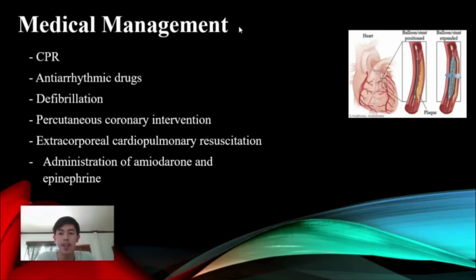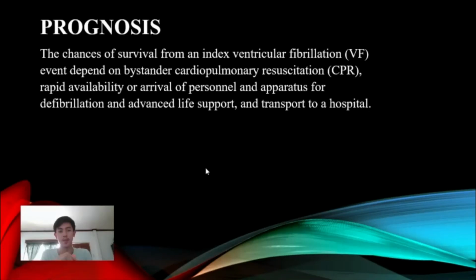Percutaneous coronary intervention is a non-surgical procedure used to treat narrowing of the coronary arteries of the heart found in coronary artery disease. Extracorporeal cardiopulmonary resuscitation is a method of cardiopulmonary resuscitation that passes the patient's blood through a machine in a process to oxygenate the blood supply.